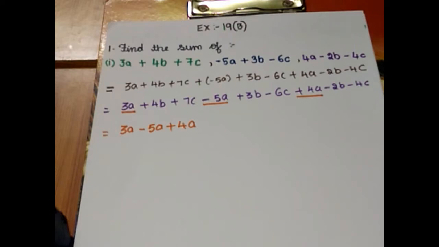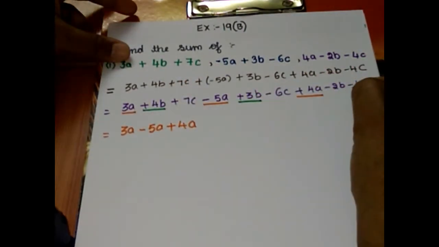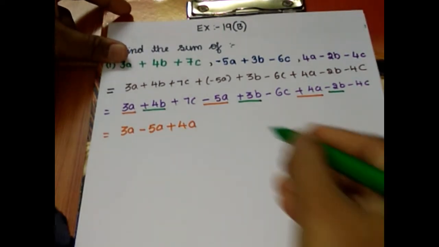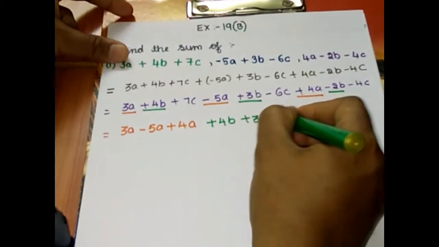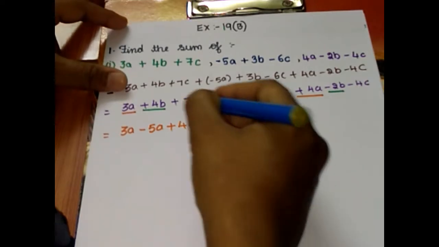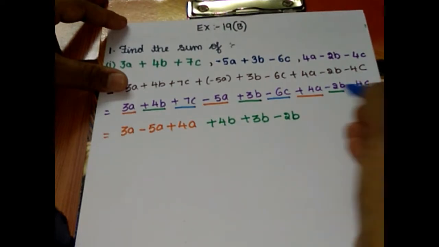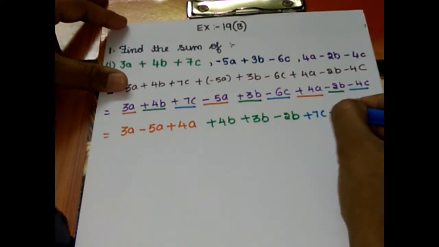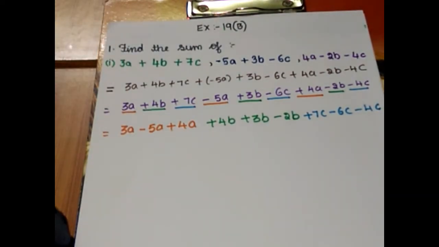Next the terms with algebraic coefficient b: plus 4b plus 3b minus 2b. Next we have the terms with the algebraic coefficient c: plus 7c minus 6c minus 4c. Now we need to simplify only the like terms.